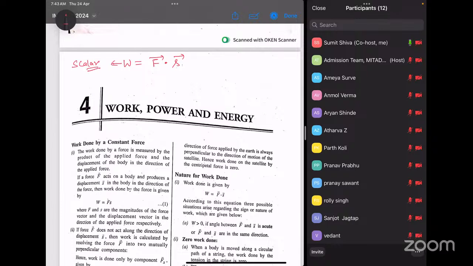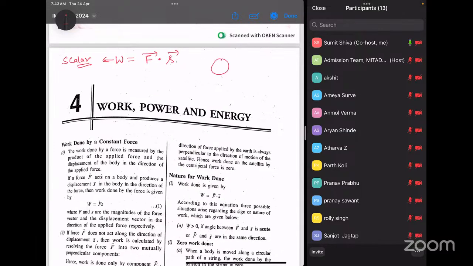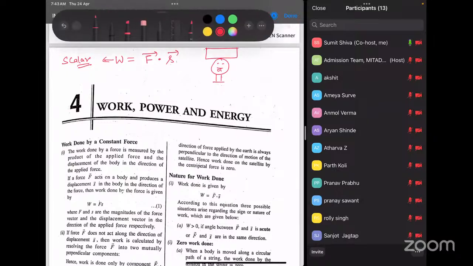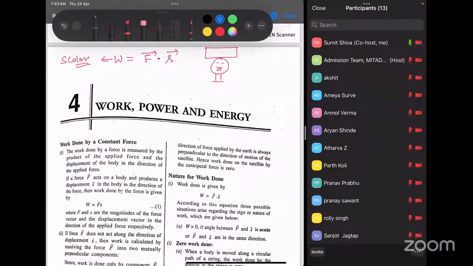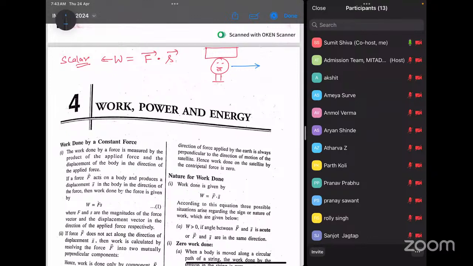For example, let's say there is a person who is carrying a box on his head, and let's say he's going in this direction. What types of forces are present in this system if the person is moving on the road and a box is on his or her head? Which forces will be present in this system?